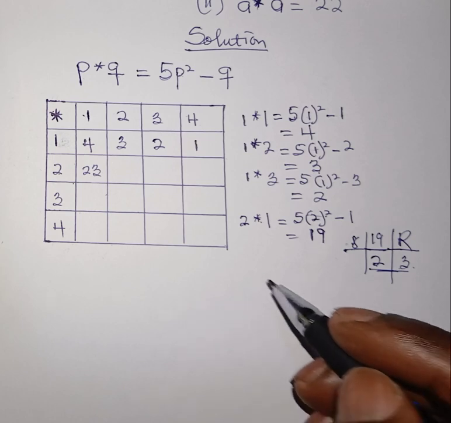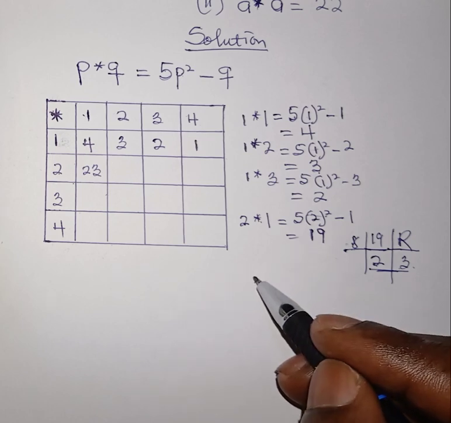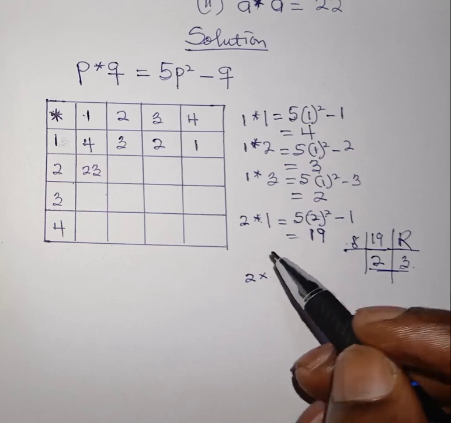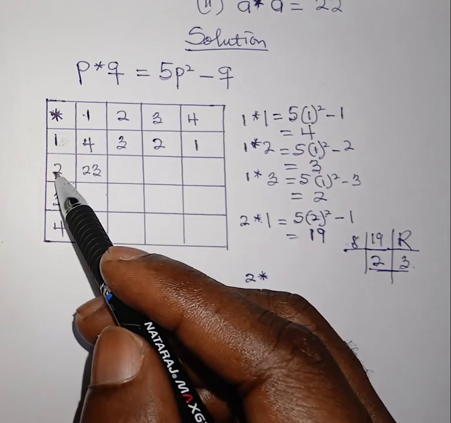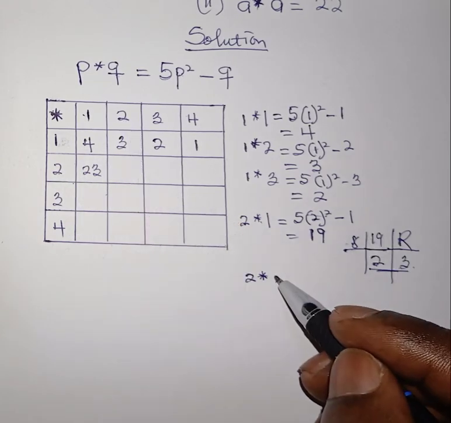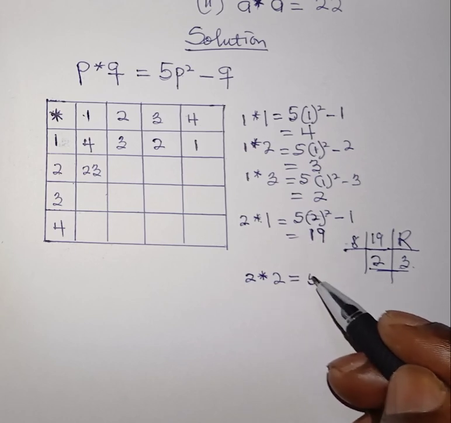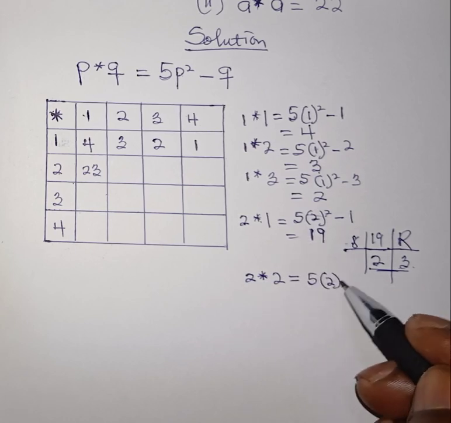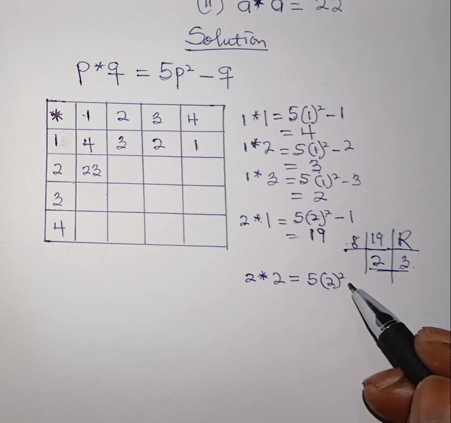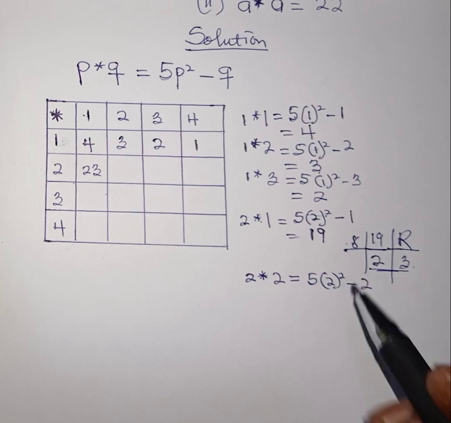Good. Now I will choose 2 star 2, which will give me 5 multiplying 2 squared minus 2.